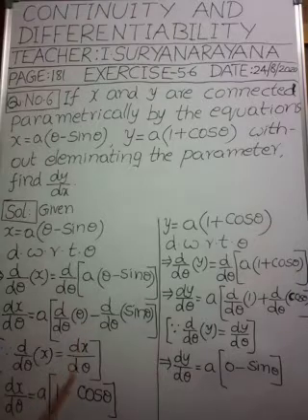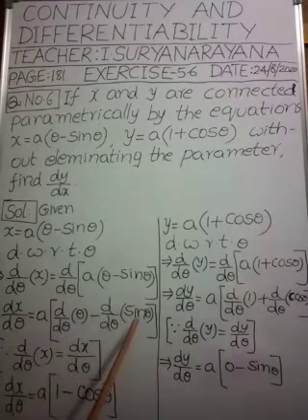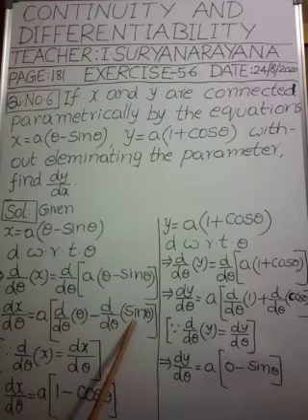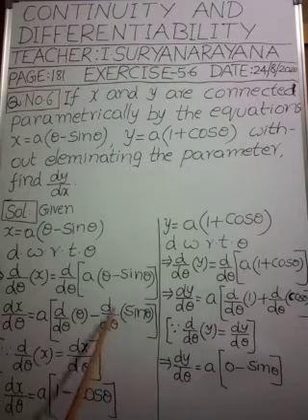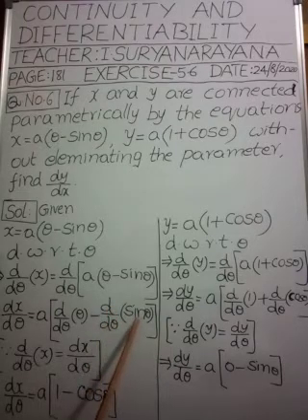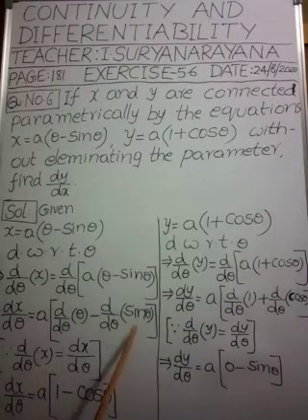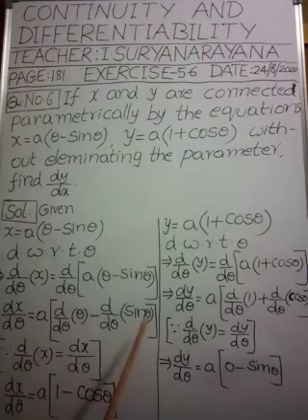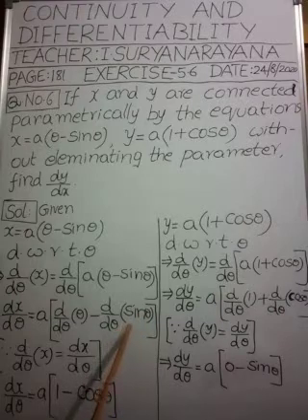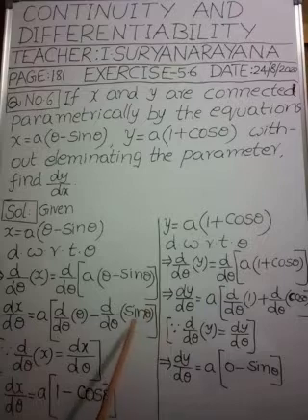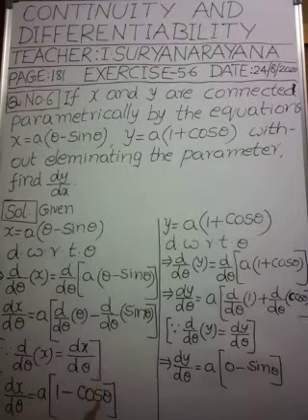Minus d by d theta of sine theta. It is in the form of d by dx of sin x. What is the formula? D by dx of sin x is equal to cos x. So cos theta, because here the variable is theta. Both places theta is there. So cos theta. Understood this term in RHS?